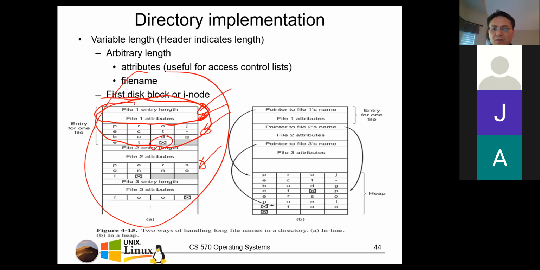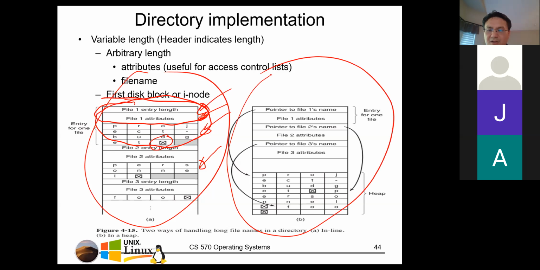Another way to handle variable length names would be the one to the right. The idea here is to make the directory entries themselves all fixed length, with the metadata part of each file of fixed length. Each metadata portion has a pointer to the file name in the heap area.